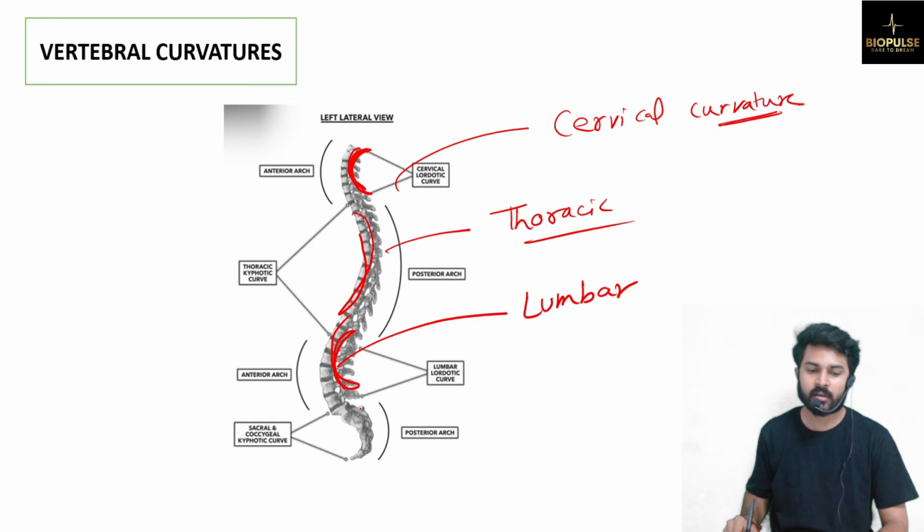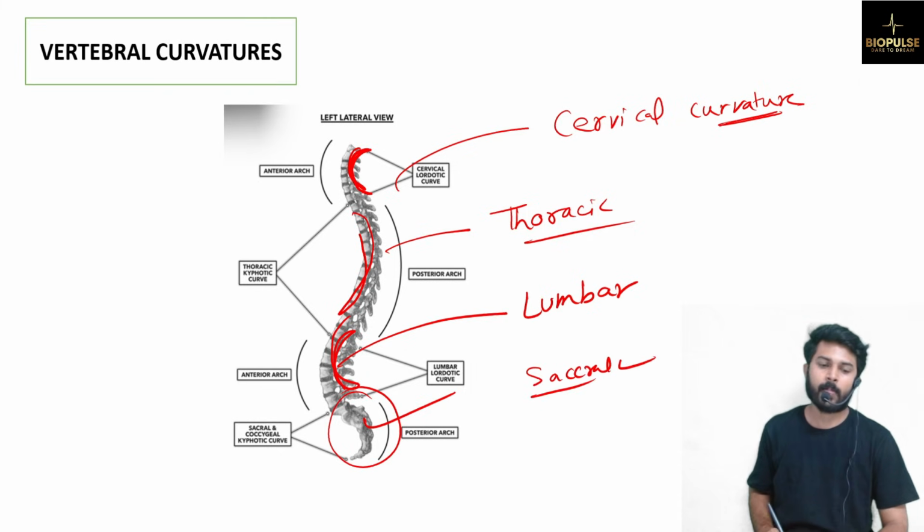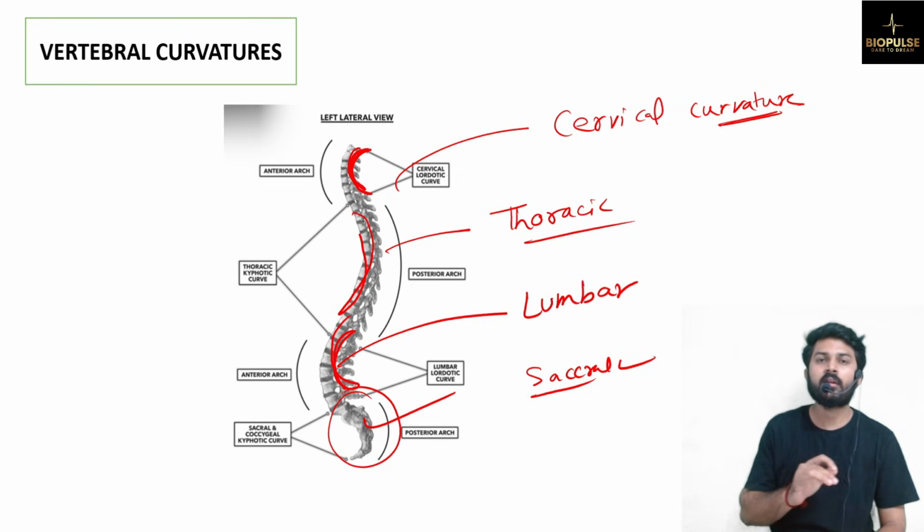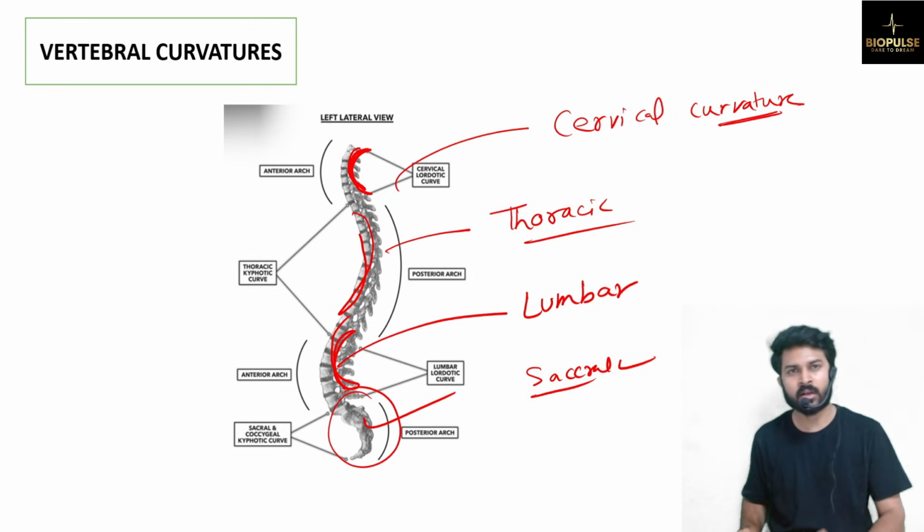The fourth one is the sacral curvature. You can tell sacral coccygeal curvature as well. Fine, these are the four curvatures. As such, they are never going to ask what is cervical curvature. Sometimes in a question, to understand the question, we need this.